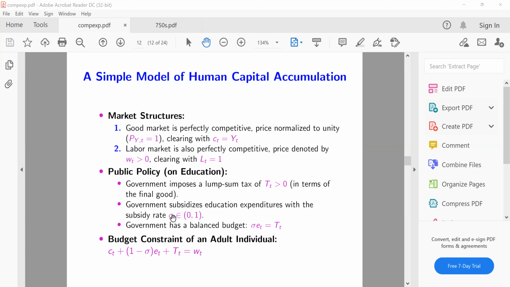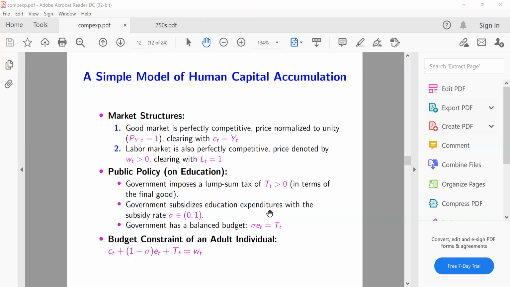Also we assume, again for simplicity, that the government has a balanced budget. So sigma times ET would be the total government expenditure in the form of education subsidy, and TT would be the total government revenue originating from the lump sum tax.